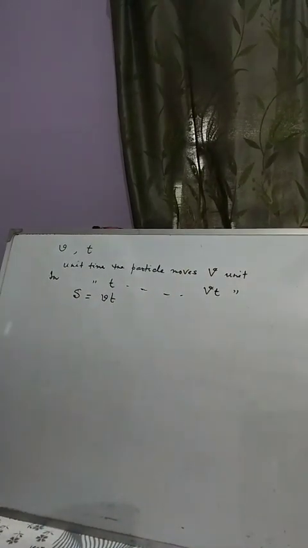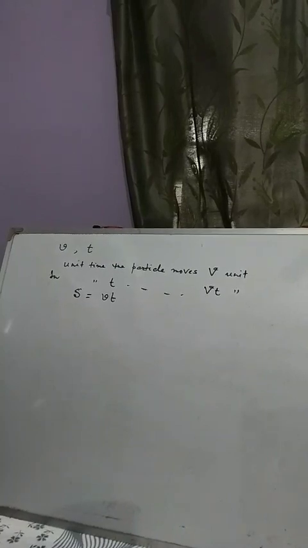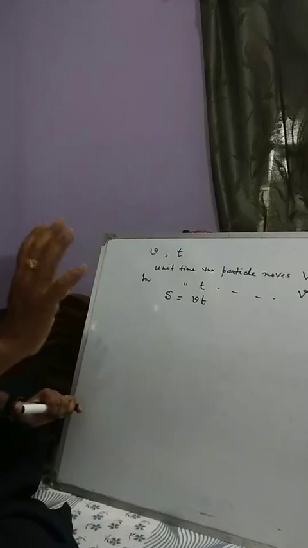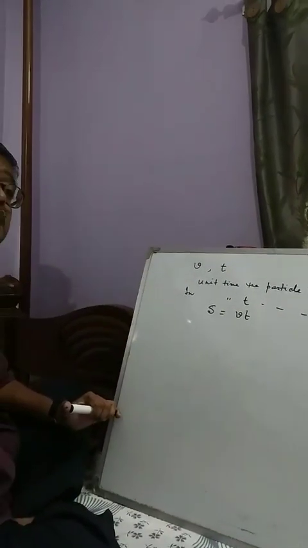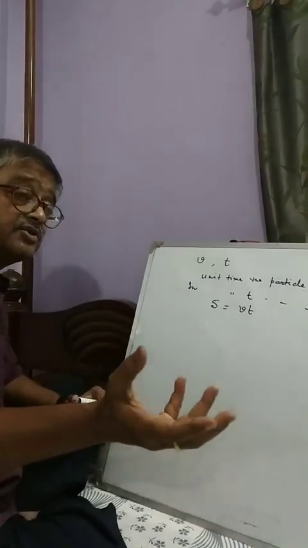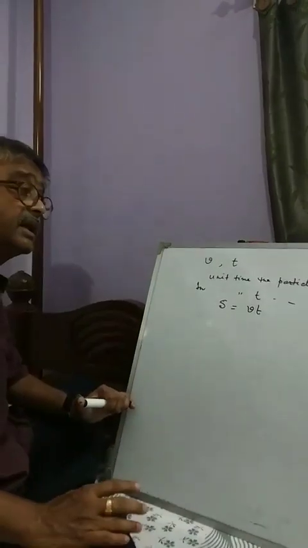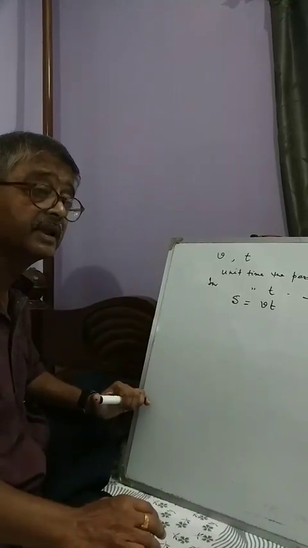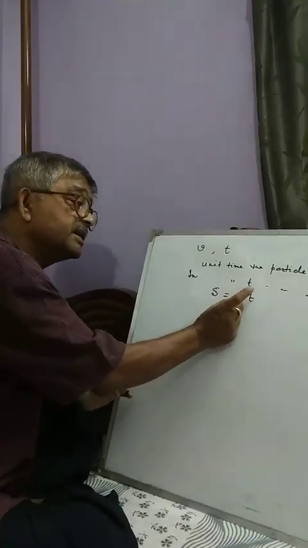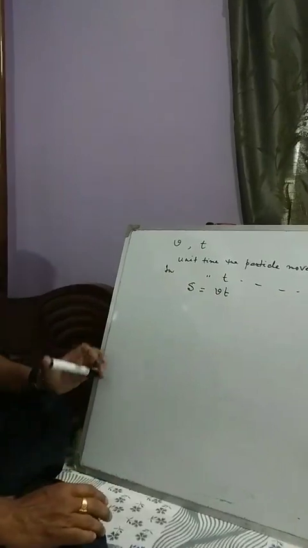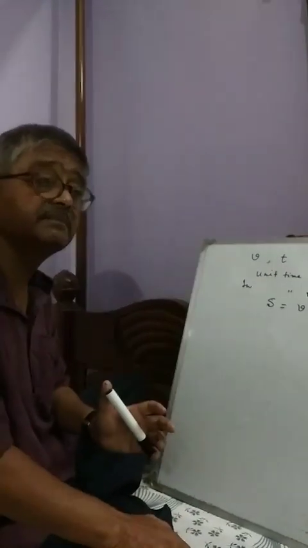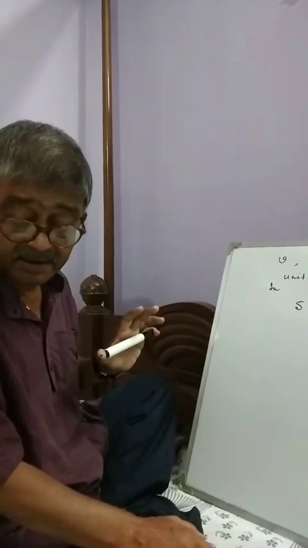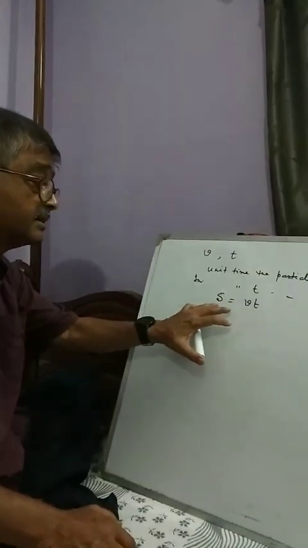When a particle moves in uniform velocity v, that means velocity will not change with respect to time, then after a particular time the product of velocity and time is equal to the displacement or the distance traversed by the particle. This is the first equation.